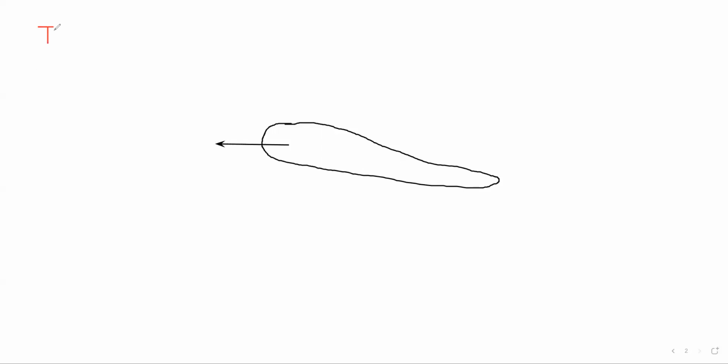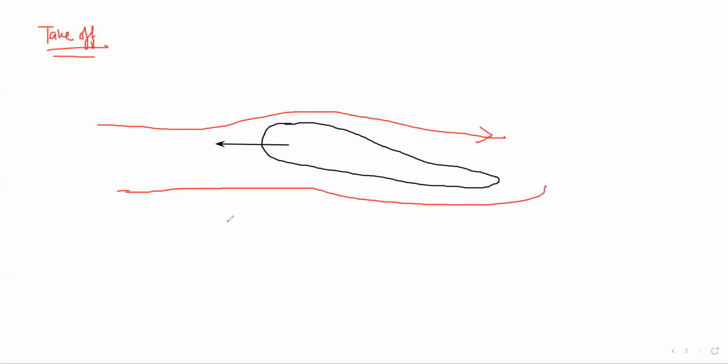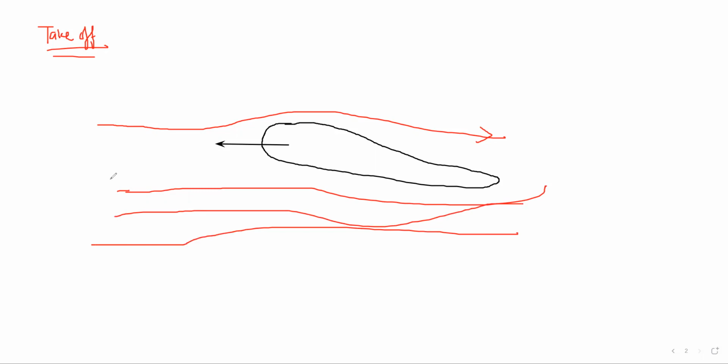For the takeoff, you will find that the flaps of these wings change position. What is the reason? When the aircraft is moving at a high speed, the air is moving around the wings, upward and downward. But what happens? The flap will cause the airflow to become turbulent from the bottom.